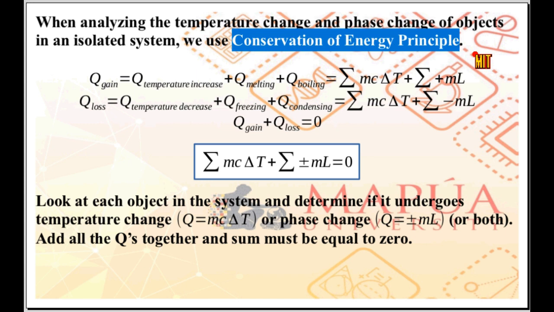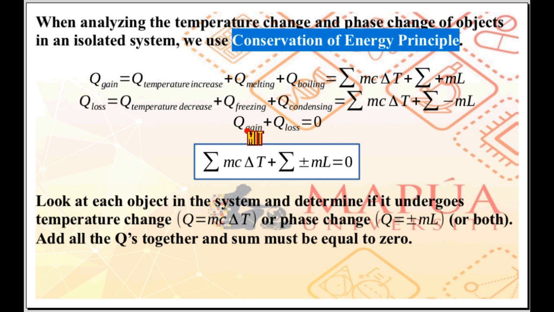In this case, the total heat change of the system must be equal to 0. Q gain plus Q loss is equal to 0. So take all the Q gain. Q gain is positive by convention.